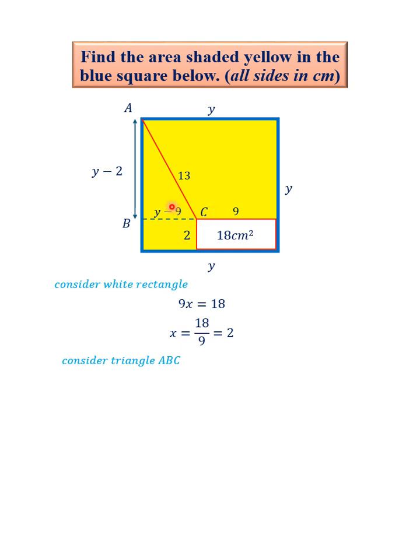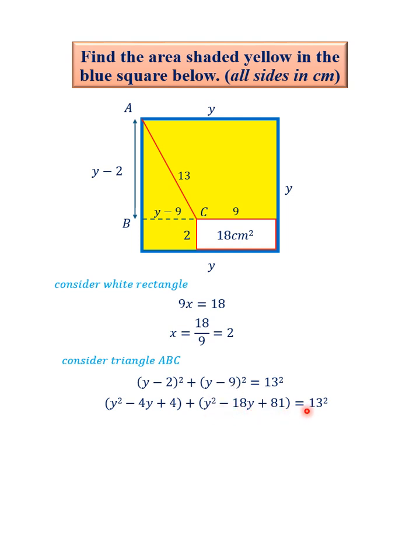If we do just that, it means that y minus 2 squared plus y minus 9 squared will be equal to the hypotenuse squared, which is 13 squared. This is Pythagoras theorem. Let's expand the bracket. If we expand y minus 2 squared, we are going to obtain y squared minus 4y plus 4. Plus, if you take your time to expand y minus 9 squared, you are going to get y squared minus 18y plus 81.